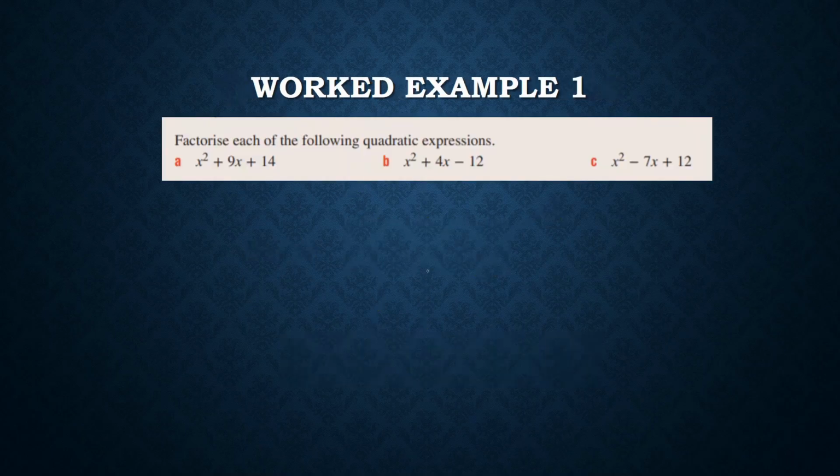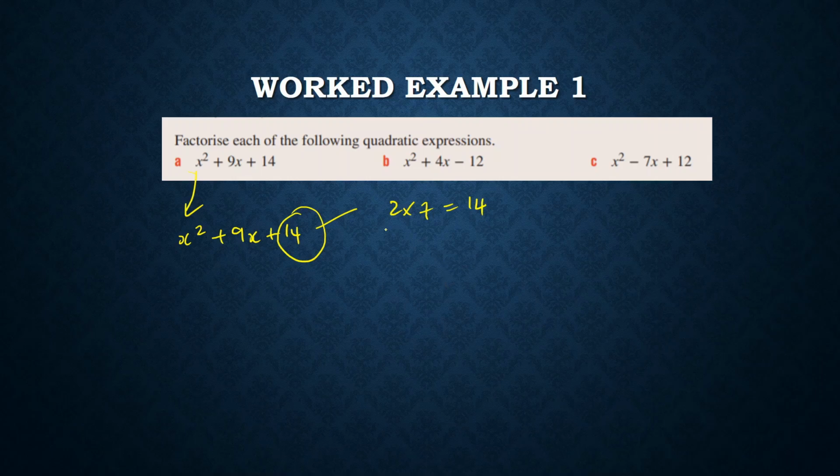Now, the first example we're going to look at is A. So I'm just going to circle it down there. So we've got x squared plus 9x plus 14. So what two numbers multiply together to give me 14? So we could literally go through, you know, times tables, but I know that 2 times 7 equals 14.